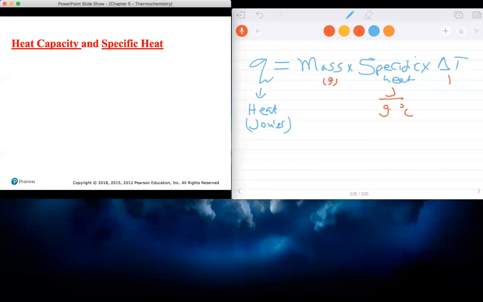Change in temperature is given in degrees Celsius, and it's obtained by T final minus T initial.